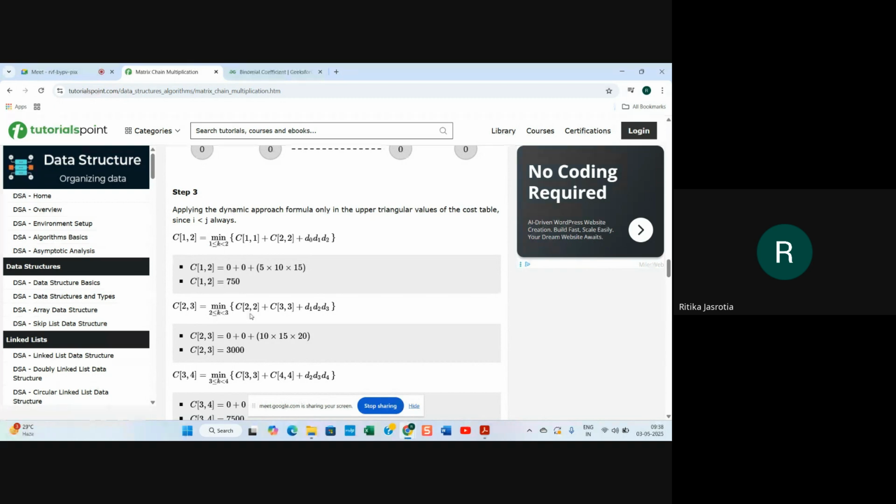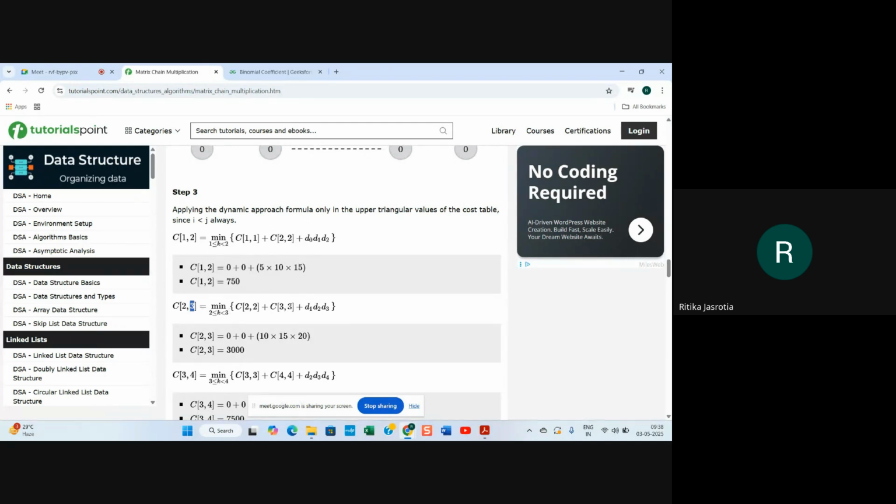We will take k as 2. So now Cik will be 2 comma 2, since we are taking k as 2 and i is already 2, plus C k plus 1 j. So k plus 1 is 3, and j is 3 already.